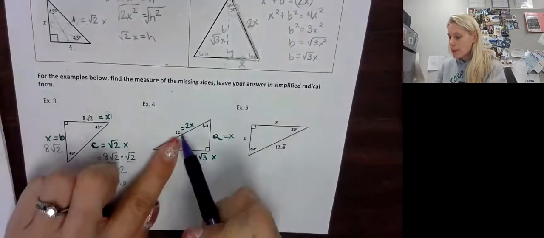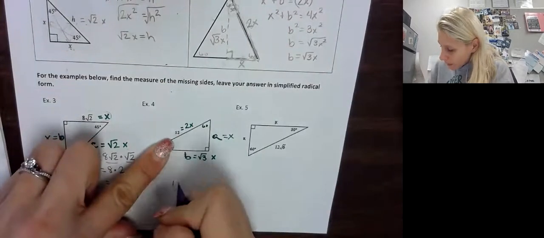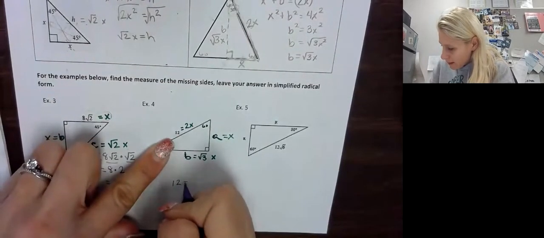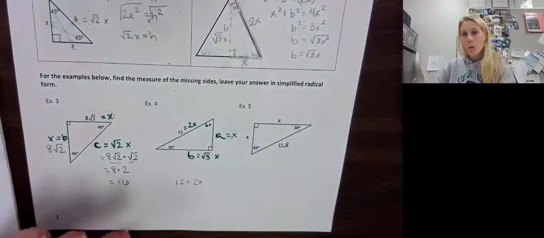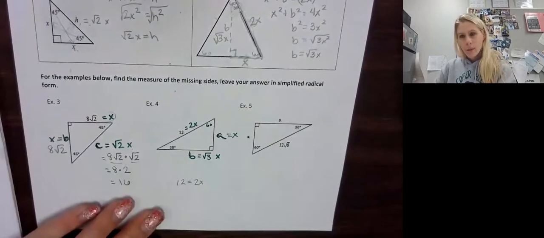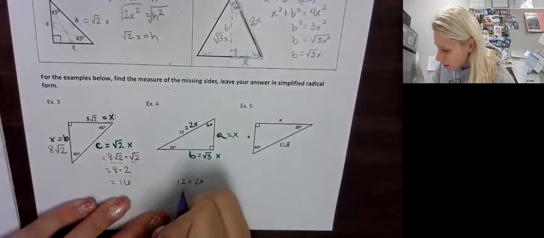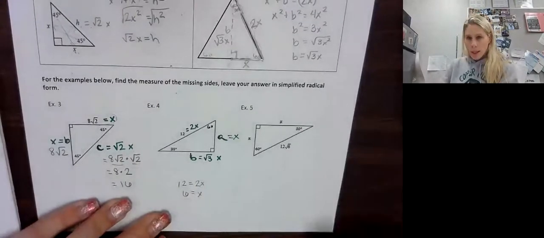Okay, go to what we have. What we have is that 12 equals 2x. So what we're going to do is actually take that and solve for x, so we can just plug it into our sides. So how do we get x by itself? We divide by 2. So I get 6 equals x. And now I can plug in.